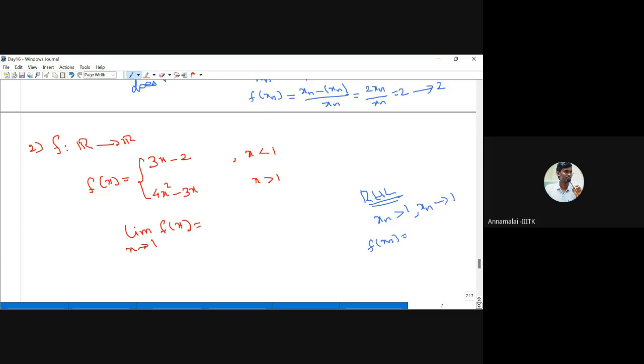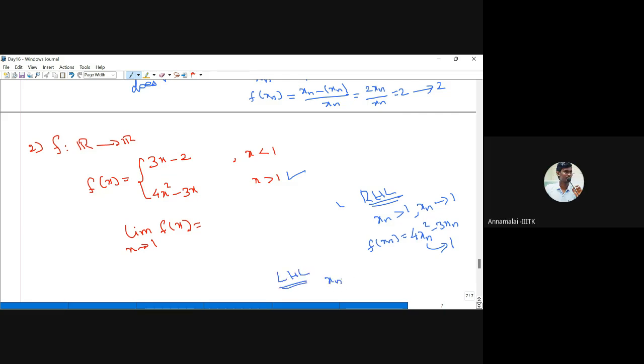Since all the xn's are bigger than 1, f of xn is 4xn square minus 3xn. Since xn converges to 1, xn square converges to 1 square, that is 1. 4 times xn square converges to 4. Now, what is the answer? This converges to 1.